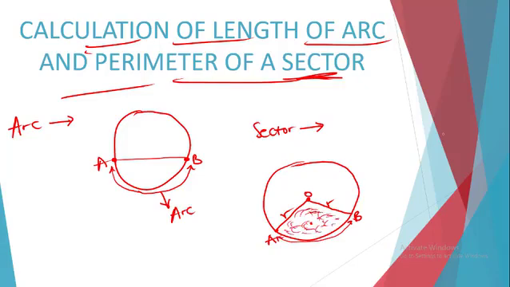Now, having known that, let us look at the length of an arc. Length of an arc is given as theta over 360 times 2 pi r.